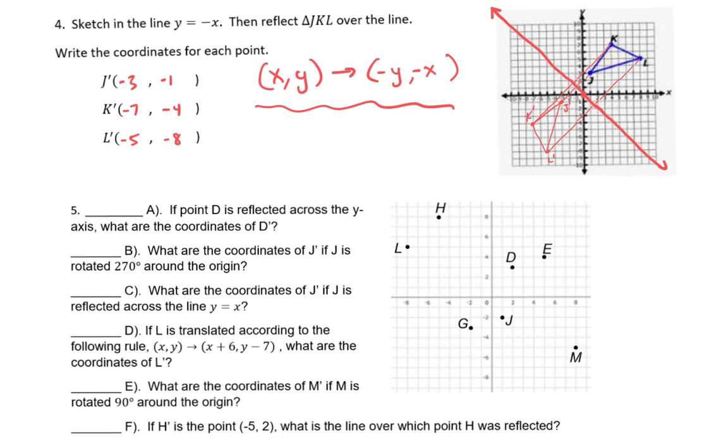y equals negative x. If we had y equals positive x, so if we had a reflection, R for reflection, over y equals positive x, the rule for that one is any x, y would just become y, x.